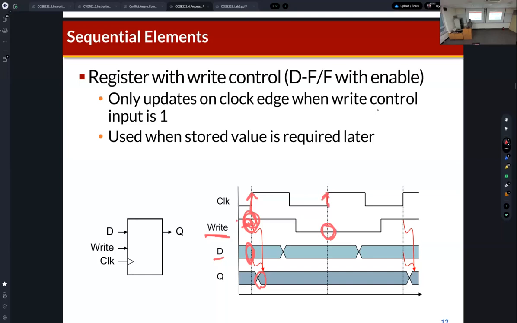Even though it is the rising edge of the clock, the enable signal is 0, which means that the sampling is not enabled. So the output stays the same. Okay, so this is the enabled D flip-flop.